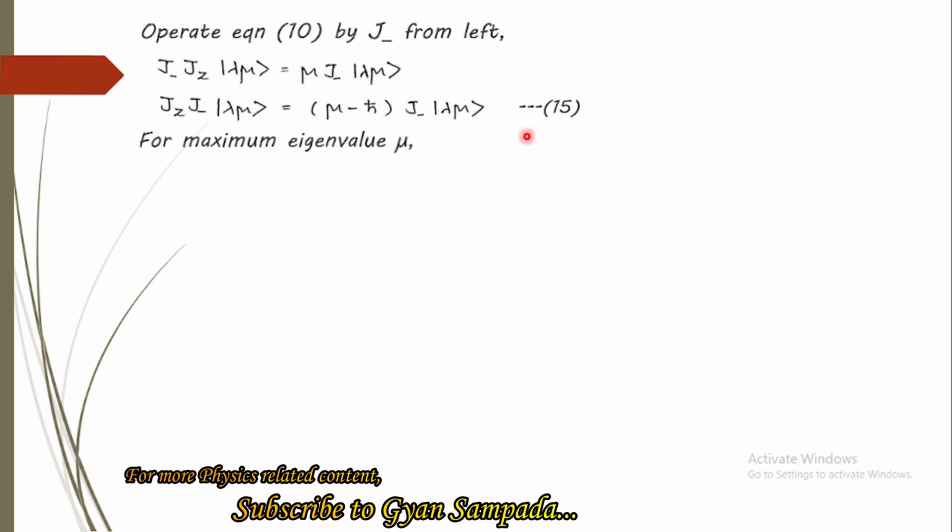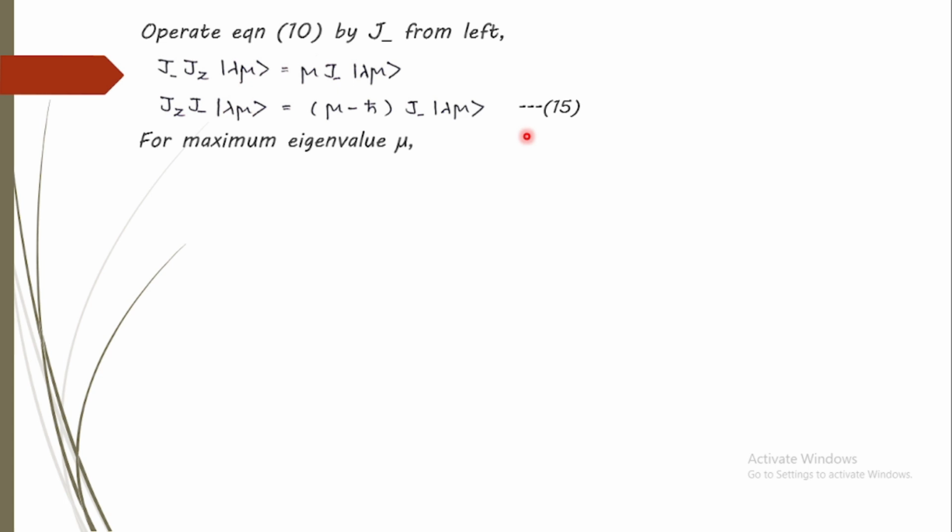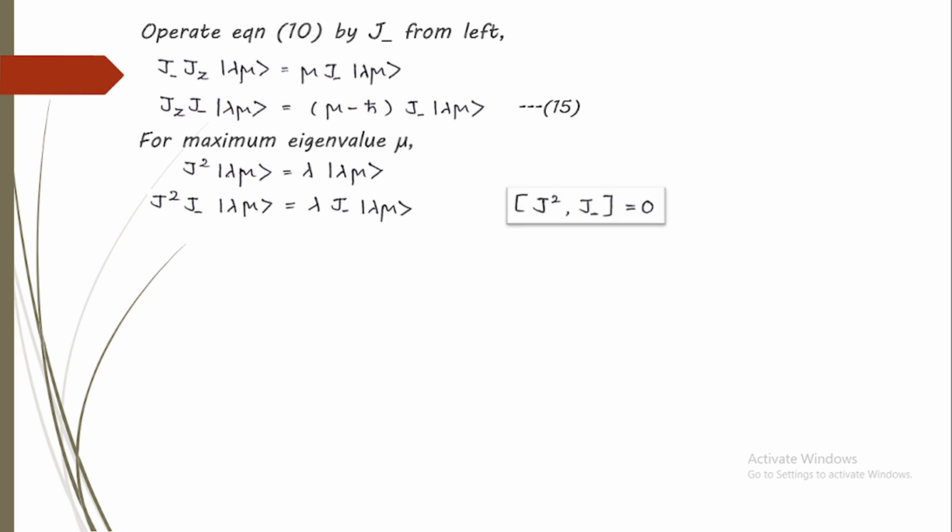For the maximum value of the eigenvalue, that is mu, what we have considered is, for j square, j square ket lambda mu is equal to lambda ket lambda mu. When we operate with j minus, we can write it in the same form, because again j square commutes with j minus, as it does with j plus.